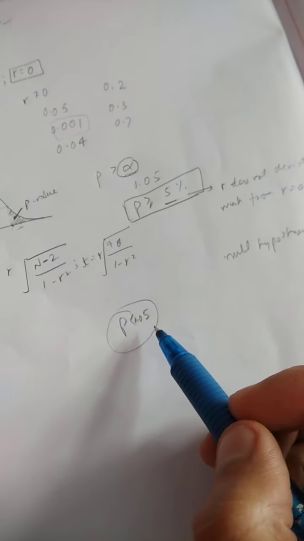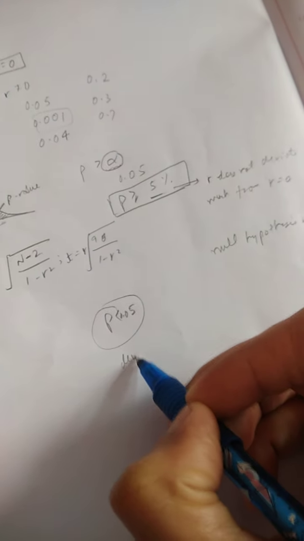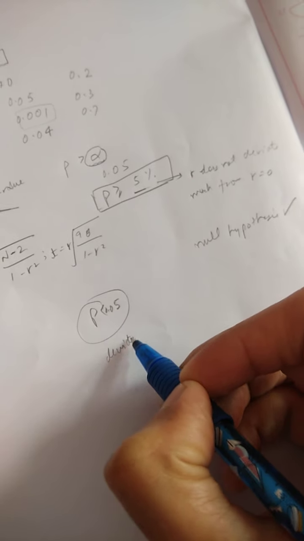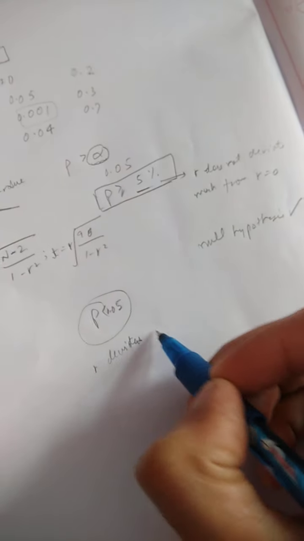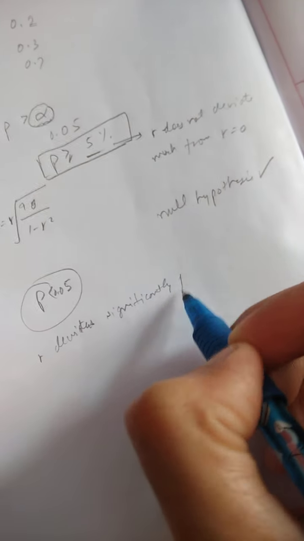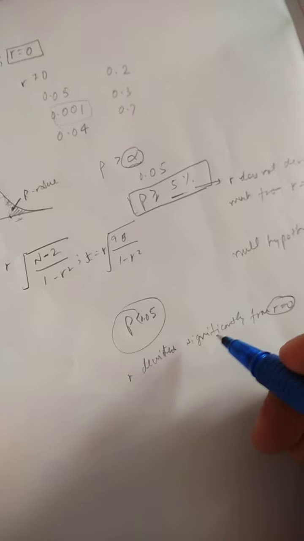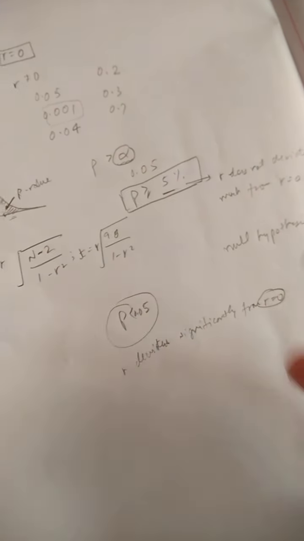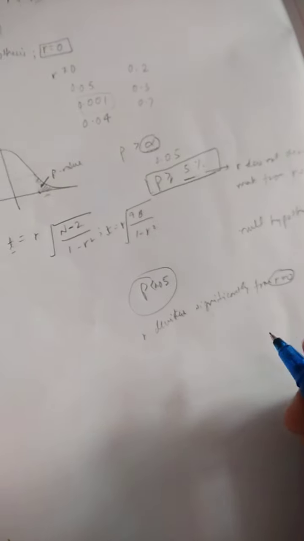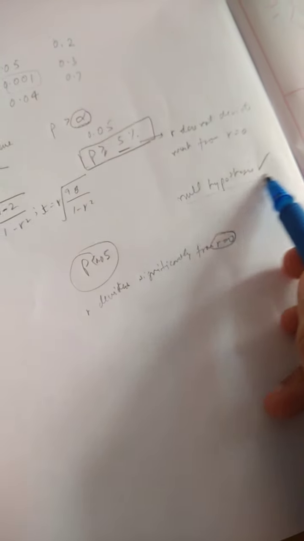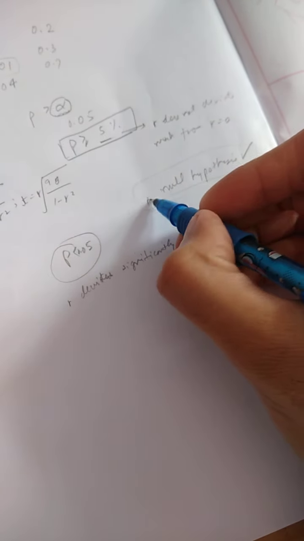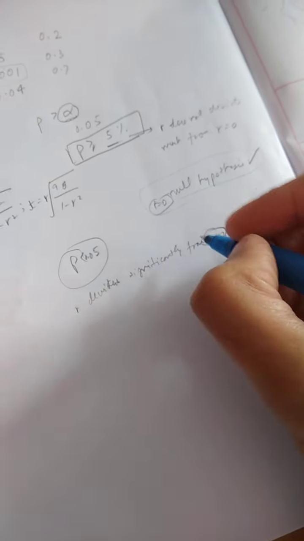It means that the r value deviates significantly from r equal to 0. So this basically tells us that there is some correlation in our data set, and it contradicts our null hypothesis that the data is uncorrelated, that is, r equal to 0. So it breaks down our null hypothesis.